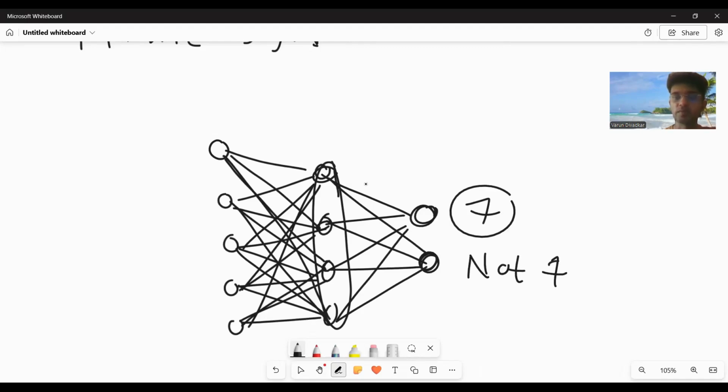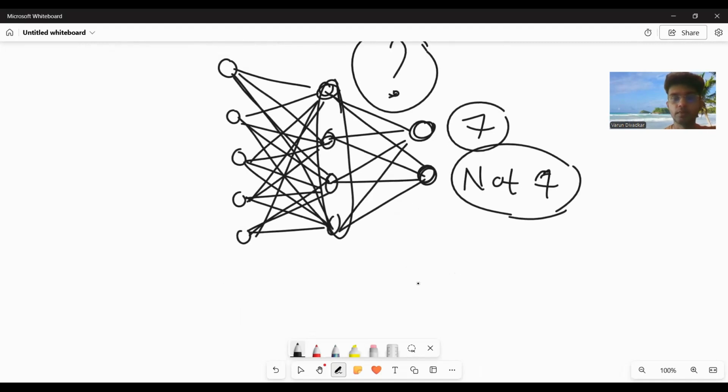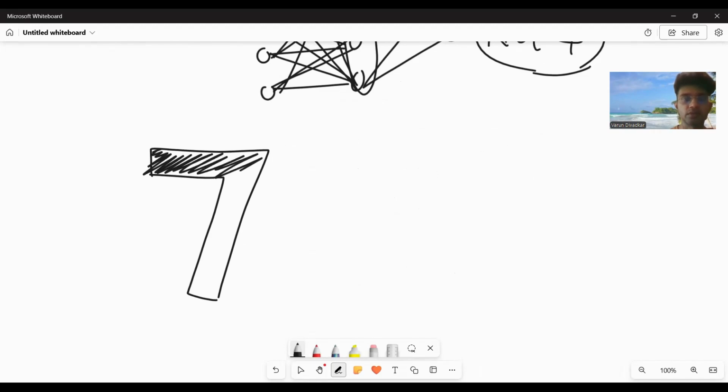So this is how it's basically structured to operate. Now, how does it exactly operate? What's exactly happening inside? Let's look at this number 7. Let's say we have the image of a number 7 like this. Let's say the number 7 is black in color.